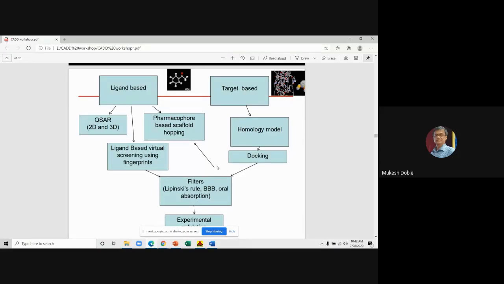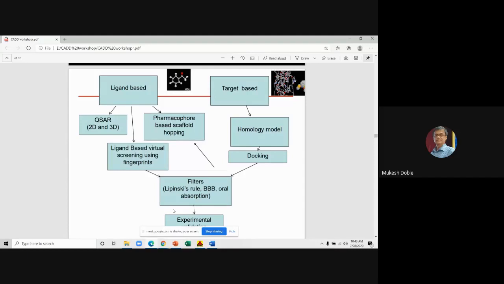So if it doesn't satisfy, throw it out. Finally, select molecules which you take for your experimental studies. Okay, that is how the entire flow looks. So we have the ligand-based design on the left-hand side, and target-based design. If you know the target, yes, good. Otherwise, we have to stick to the ligand-based design. We can use pharmacophore-based design or QSAR, quantitative structure activity. So we come up with new structures.